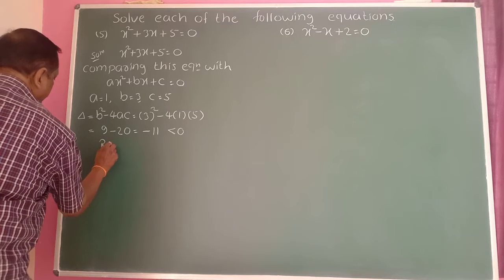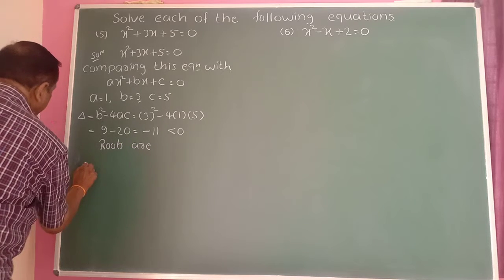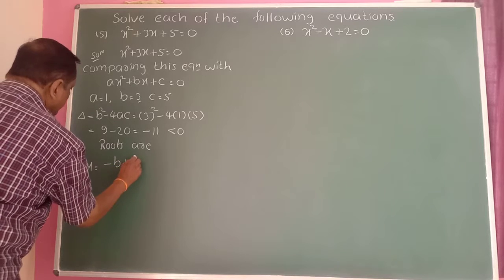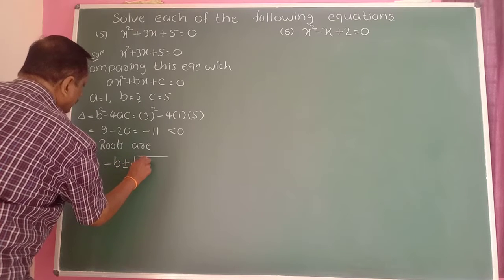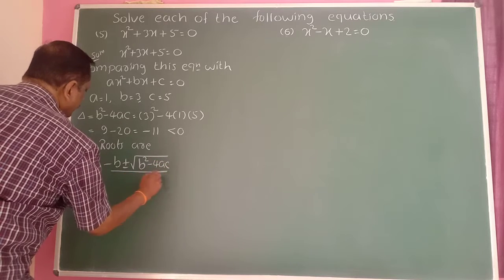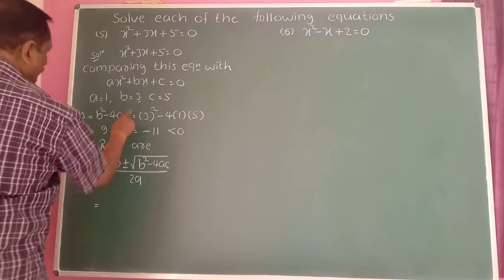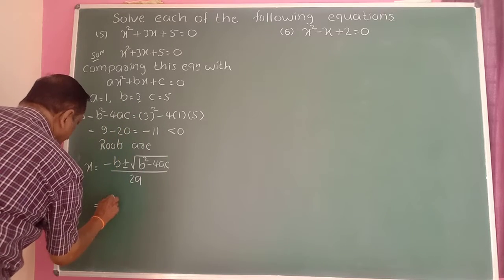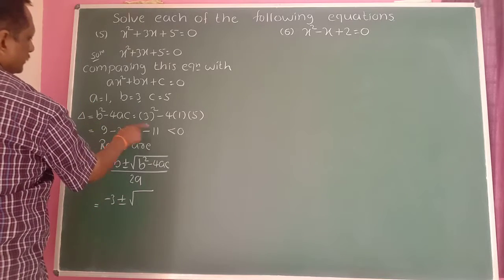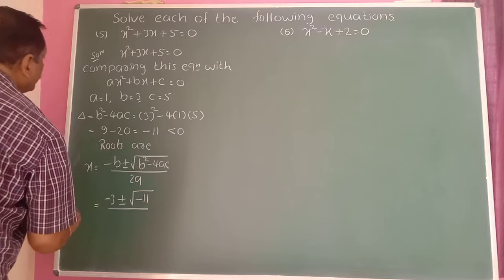Therefore, roots are given by x is equal to minus b plus or minus root of b square minus 4ac divided by 2a, that is equal to minus 3 plus or minus root of b square minus 4ac, which is minus 11, divided by 2 into 1.